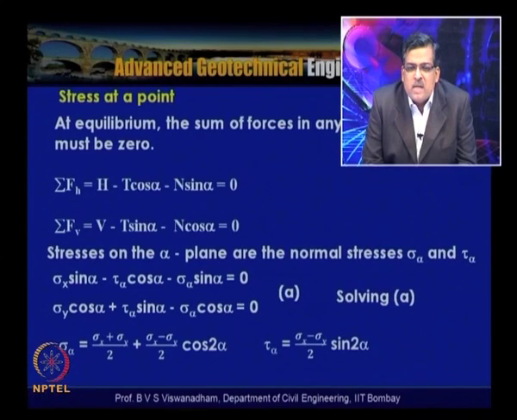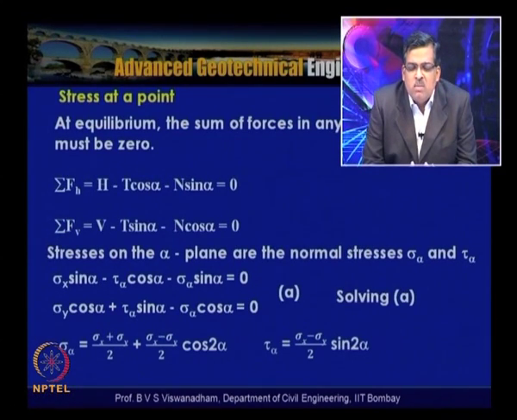So sigma x sin alpha, because that is the horizontal force, minus tau alpha cos alpha minus sigma alpha sin alpha is equal to 0. Similarly sigma y cos alpha plus tau alpha sin alpha minus sigma alpha cos alpha is equal to 0.